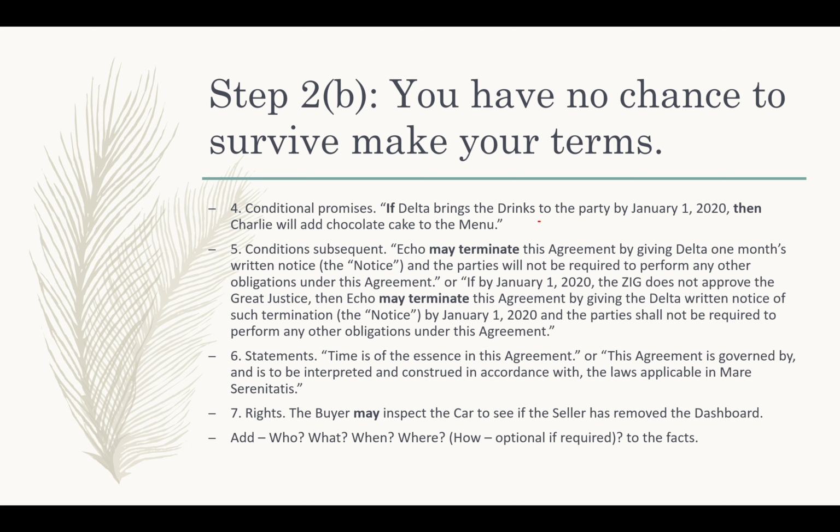Make sure you do not use one sentence to confer two types of obligations or different obligations on different parties. Keep it short and to the point. Use the who, what, when, where, and optionally how to create your legislative sentence.